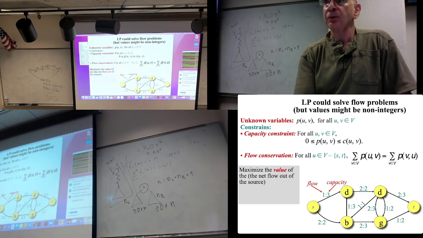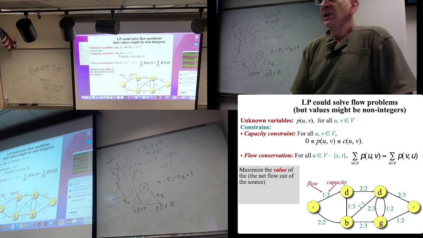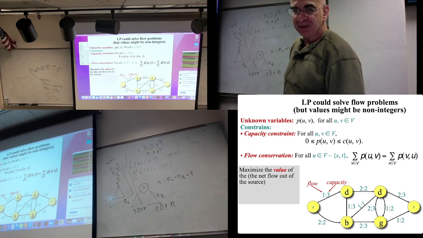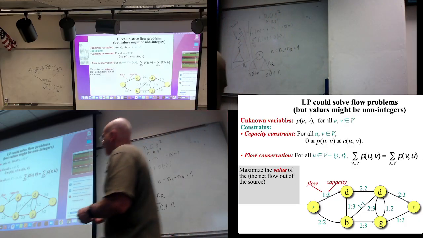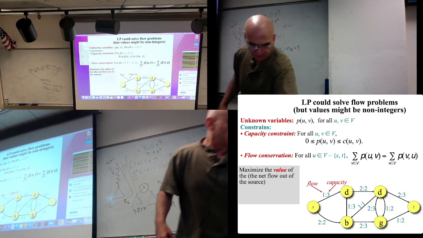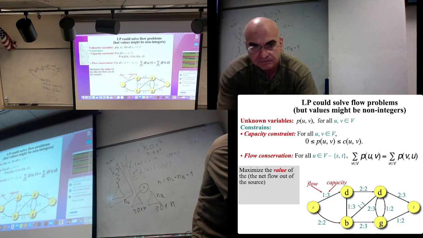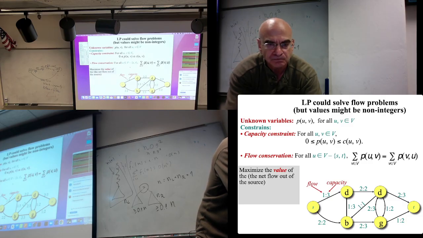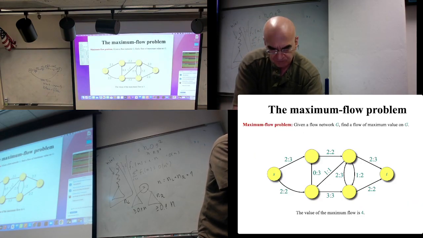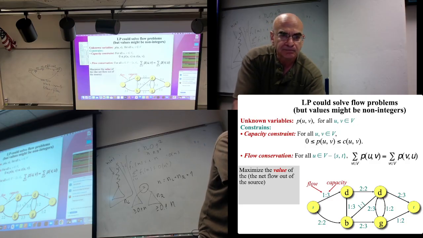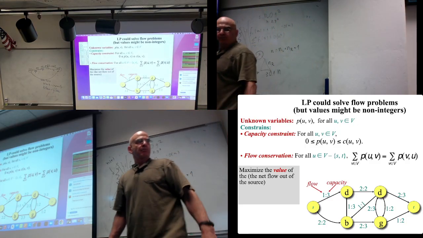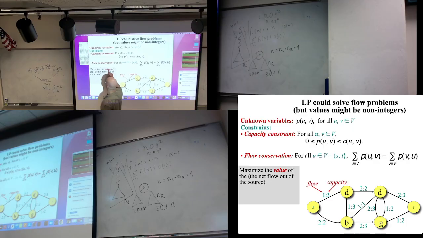But how do we solve it if we have access to linear programming? Linear programming will just say, this problem just lends itself. What are we trying to do? We want to maximize the value of the flow, which is the net flow that leaves the source.